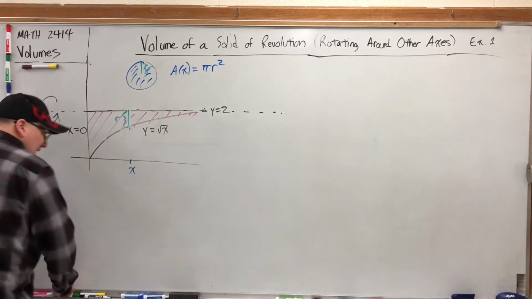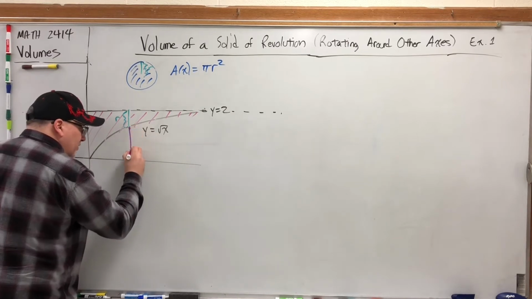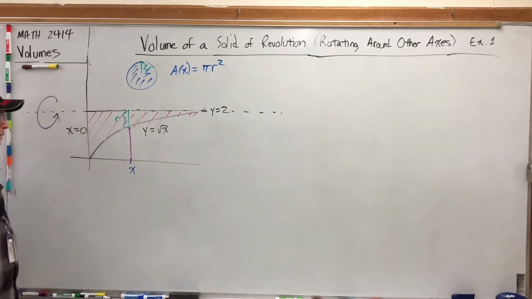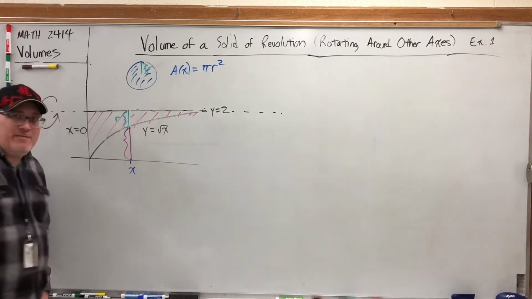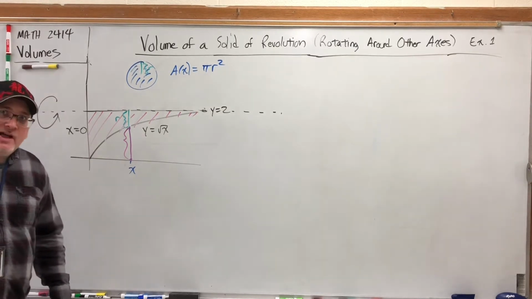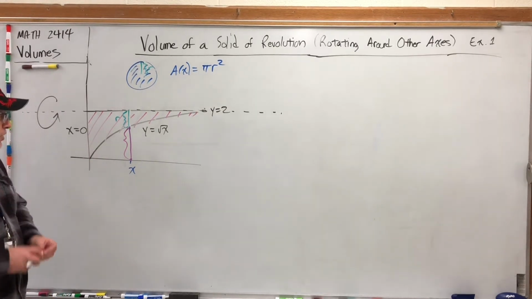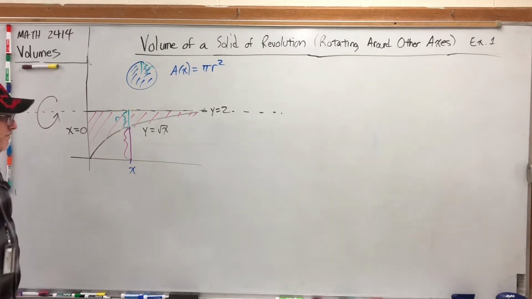In other words, I'm going to fill in this gap. Now, what should we call that gap? Well, it doesn't really have a specific meaning here. It just represents a vertical displacement from the x-axis. Well, what do we normally call something that measures how far up you go? y.